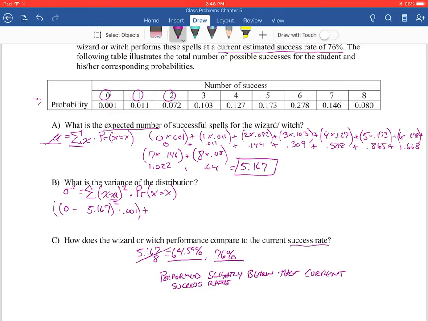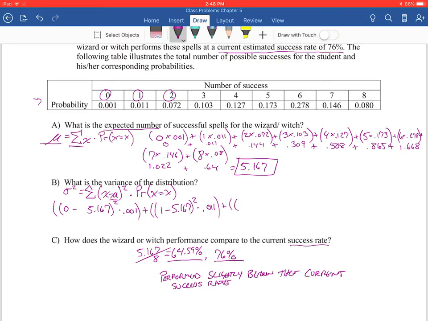So I'm going to do the first couple here because I'm looking at the time and I don't think I'll have enough time to write all of them out. So I'll do the first 4 so you can see it. Next you're going to add the sum of x. So next one we're going to be on 1 minus mu, which is 5.167. That value squared times the probability of 1, which is 0.011.